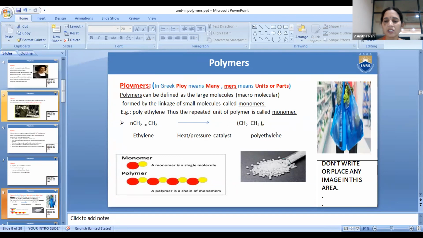Before the ethylene monomer we write poly, which means many. So polyethylene is a polymer, obtained by adding a number of monomers, that is, ethylene molecules. This is one good example of a polymer.